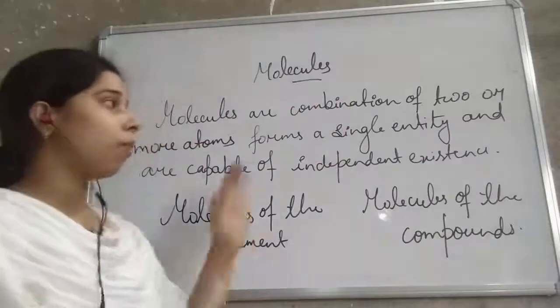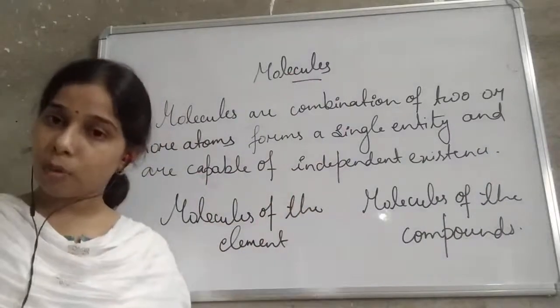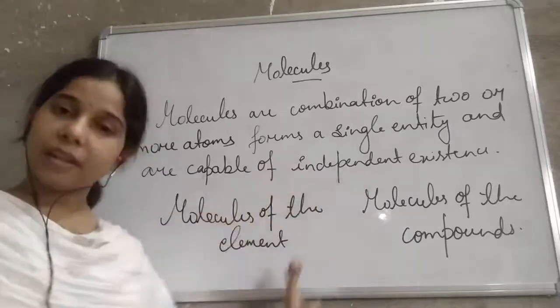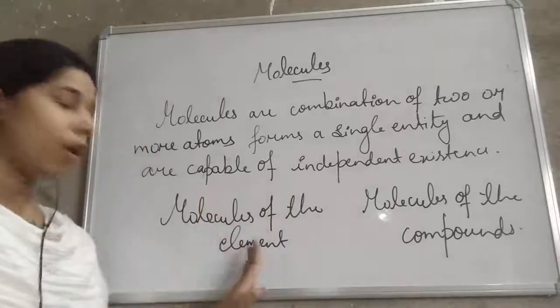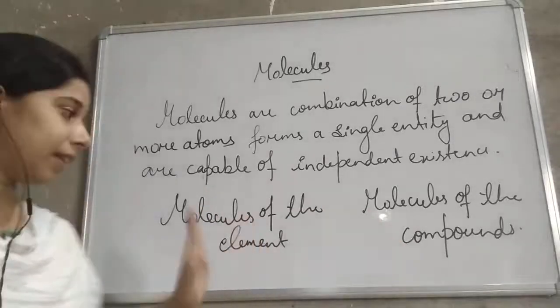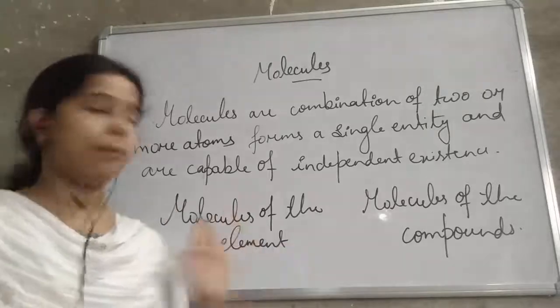Okay, so molecules consist of two or more atoms and they exist independently. Molecules are divided into two, that is, molecule of the element and molecule of the compound. We will start with the molecule of the element.